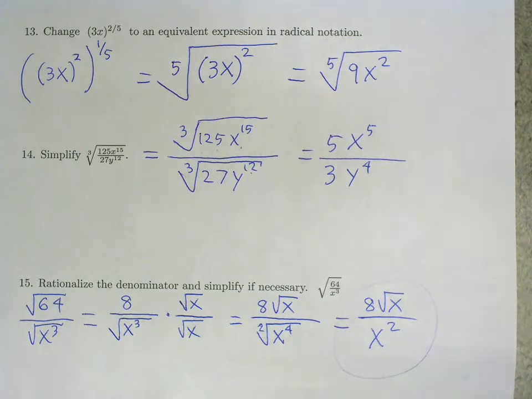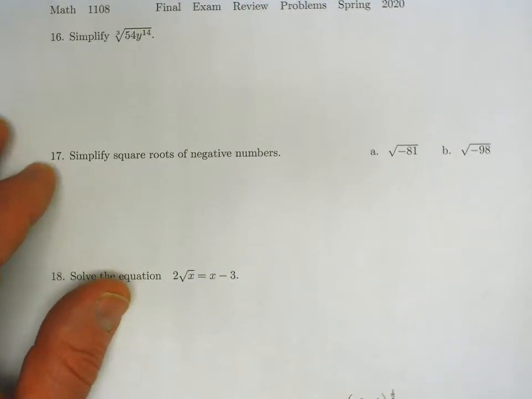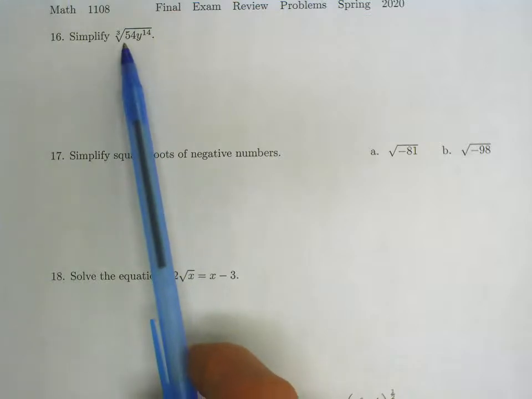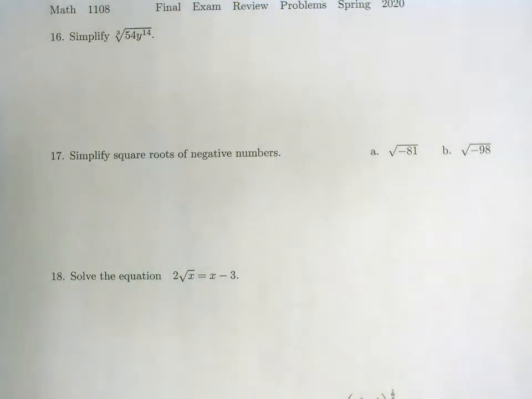Okay, in the next problem, we'll simplify a cubed root. Simplify the cubed root of 54y to the 14th. The largest factor of 54 that's a perfect cube is 27. 27 times 2 is 54.